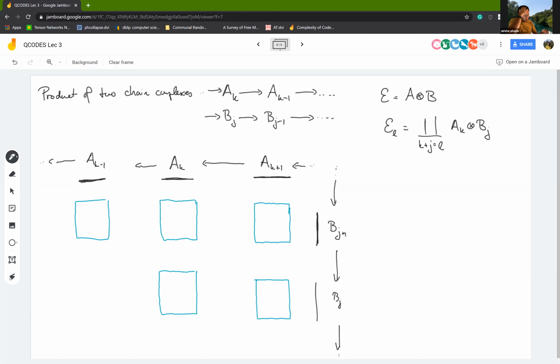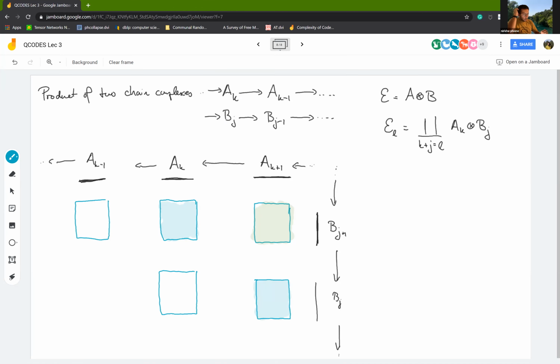So what that means is that I sort of have something that looks like this. So this guy here is one element of E_{l+2}. Okay. And these two together here, this one and this one, are part of the same level. So the level, right, recall a level of a chain complex is just a set.